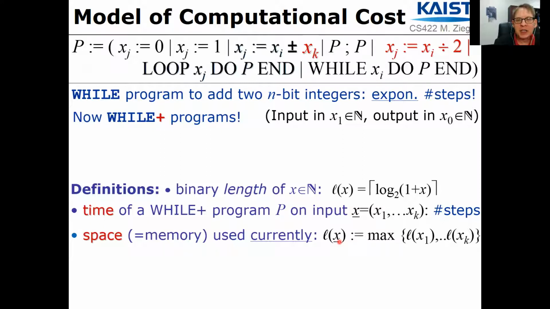Let me say that again. In this sense, the binary length of all variables together, measured as the maximum length of all variables, will be at most, not t times, but plus t, the binary length of the input.